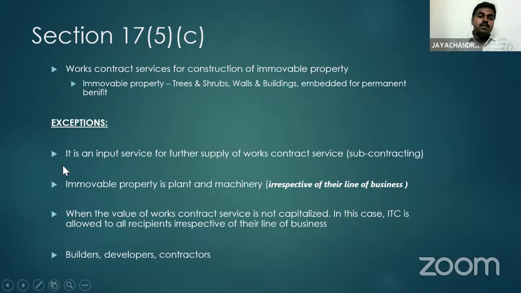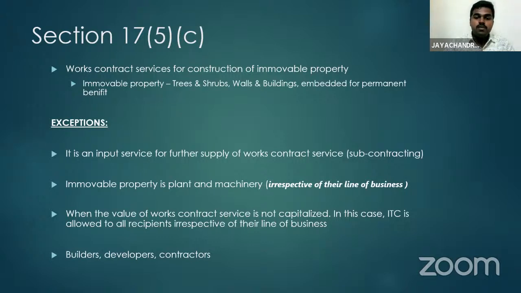The other main exception is if works contract services are availed for plant and machinery. For example, if somebody is constructing and installing the plant and machinery, anyone can dismantle and attach the plant and machinery, but wiring work can be done only by an electrician.